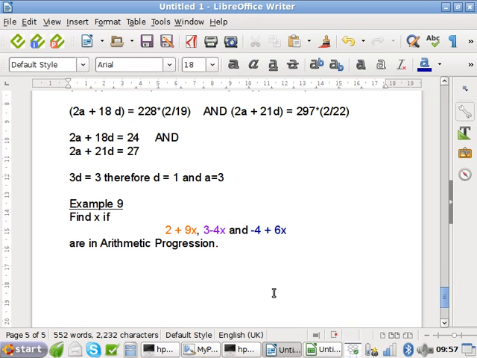So if you think back to the start of the class, as I was saying, arithmetic, what do we know if something is arithmetic progression? What's the relationship? Yeah? Next number is equal to the last number plus a constant. So what do you think you can say about the second number minus the first number? It should be the same as the third number minus the second number.